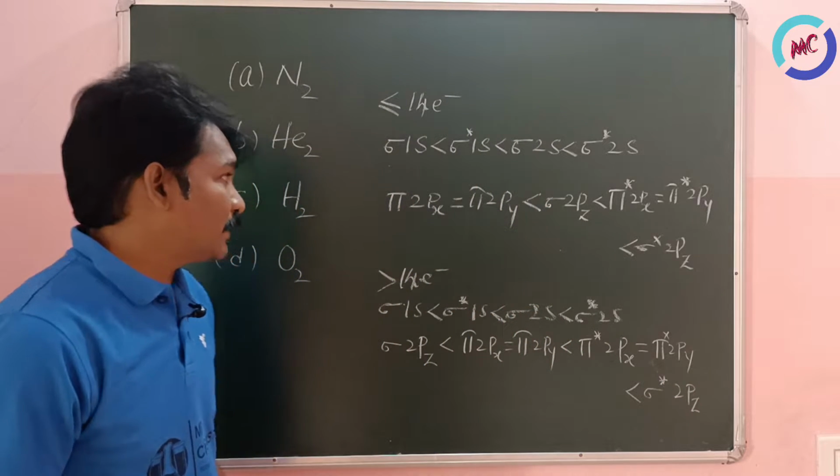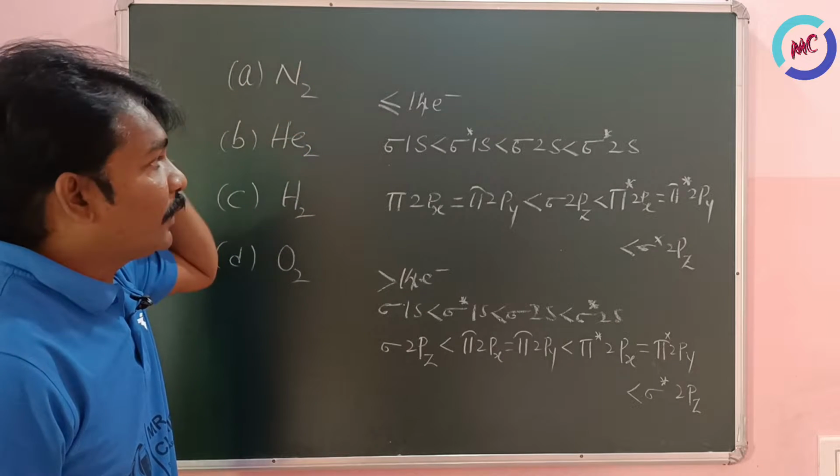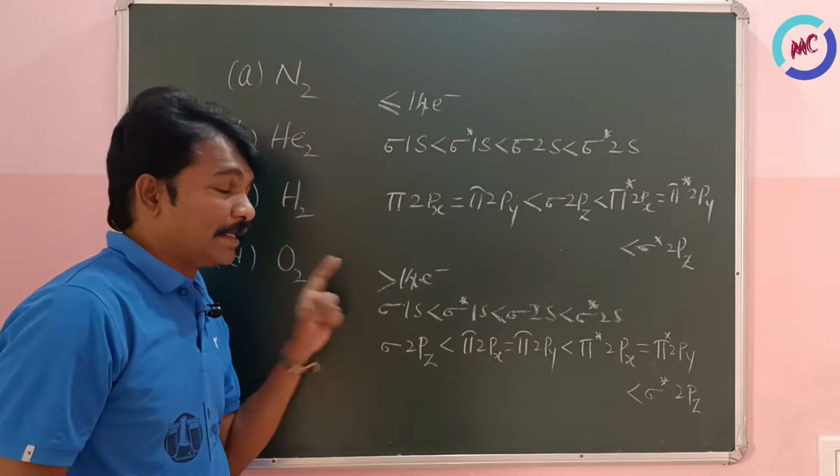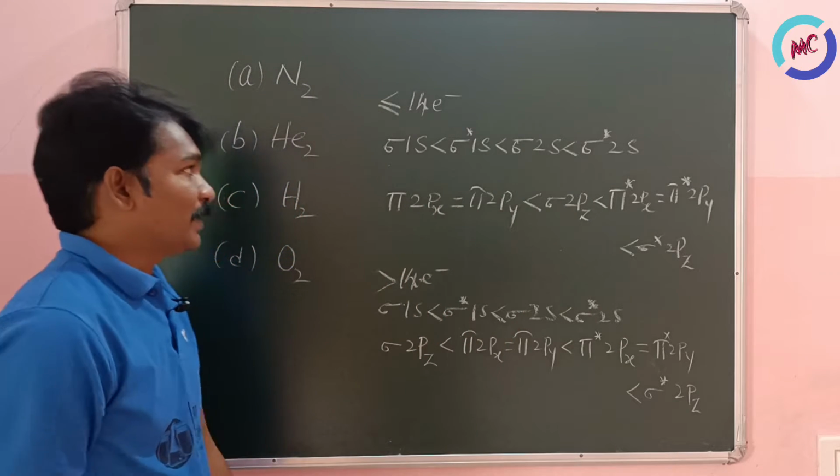Here you have to notice the difference between less than or equal to 14 electrons and greater than 14 electrons. The difference is here.